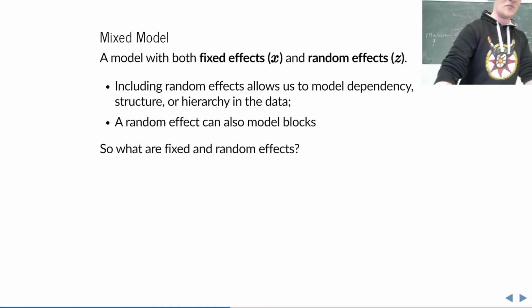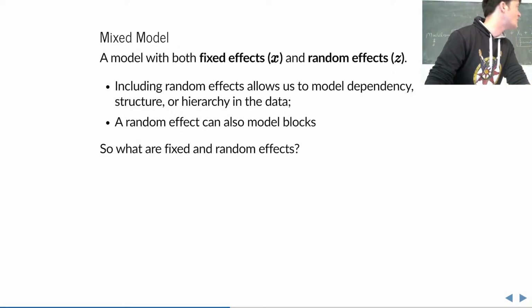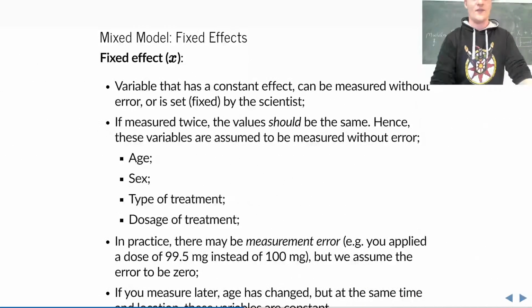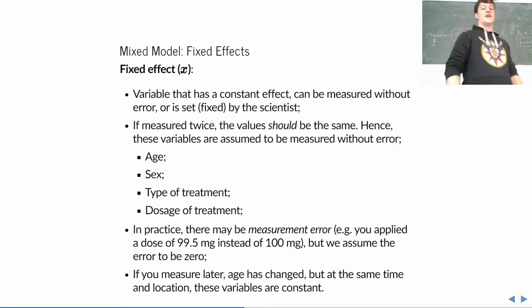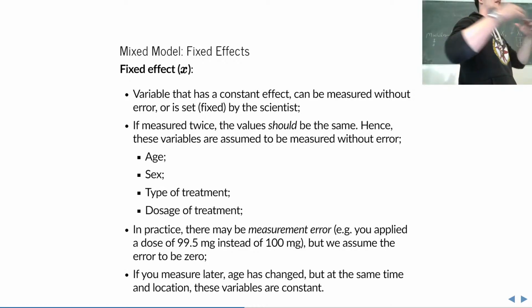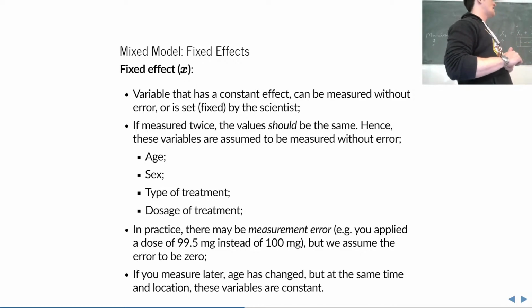That brings us to the important question: what constitutes a fixed effect and what constitutes a random effect? A fixed effect, I'm going to zoom out a little because it doesn't fit, is a variable that has a constant effect, or we assume that it is measured without error, or it is fixed or set by the scientists. The rule of thumb to identify these is to think: if I would measure this twice in my experiment instead of once, would the values be the same, yes or no?